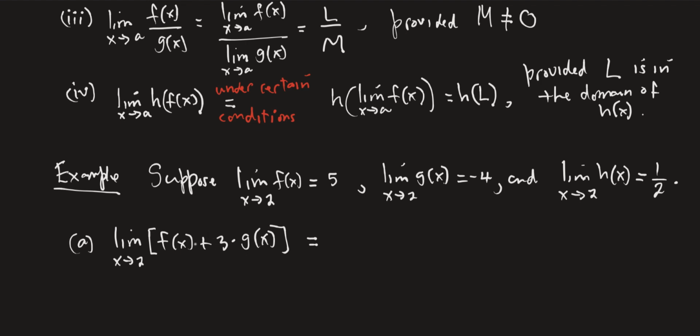The one with the addition tells us that I can split this up into two separate limits. So this is the limit as x approaches 2 of f of x plus the limit as x approaches 2 of 3 times g of x, right? Okay, so that's the property of the sum. We also have a property for multiplication, right? But in this case, the 3 is not another function.